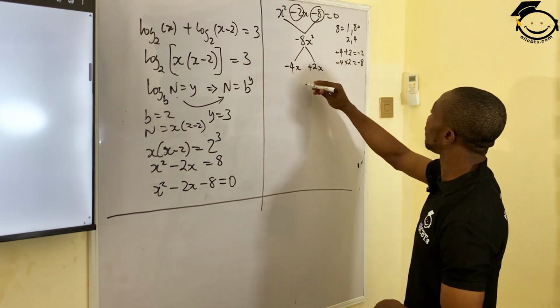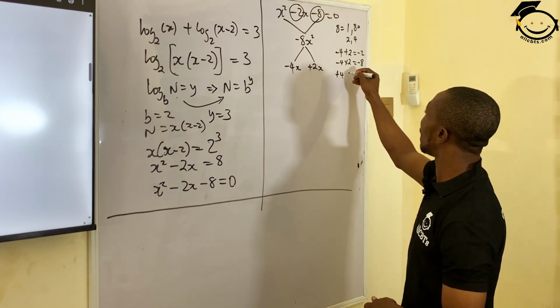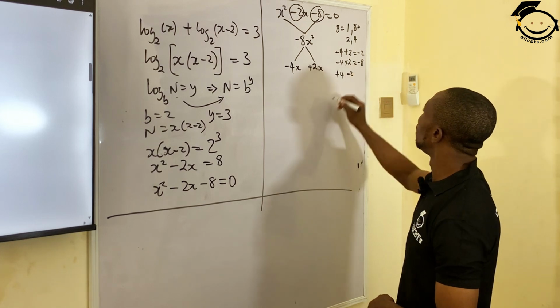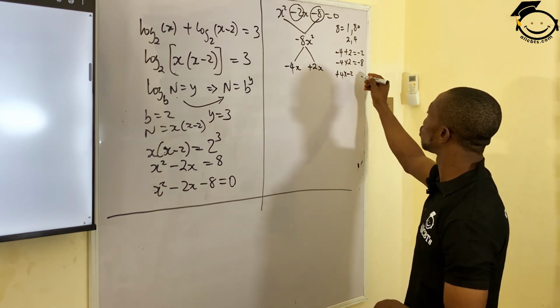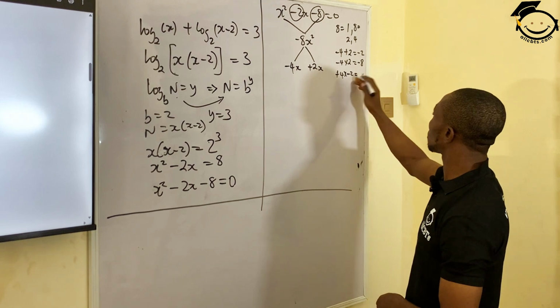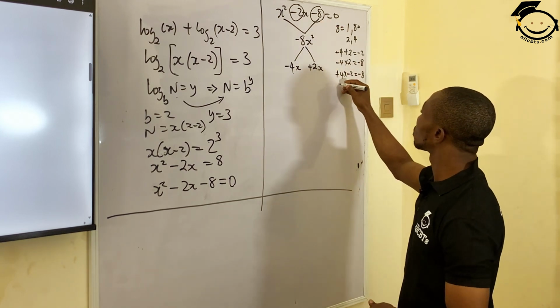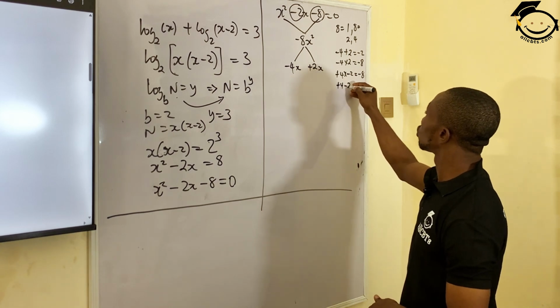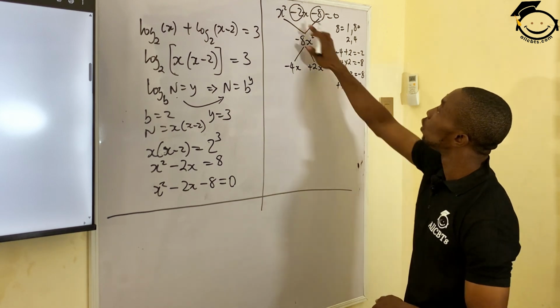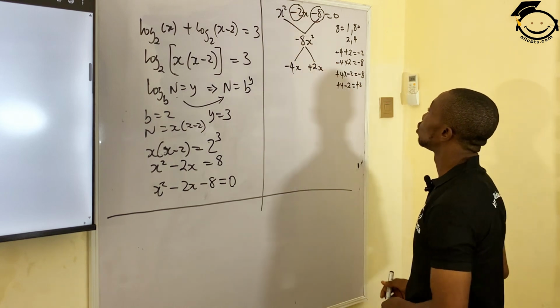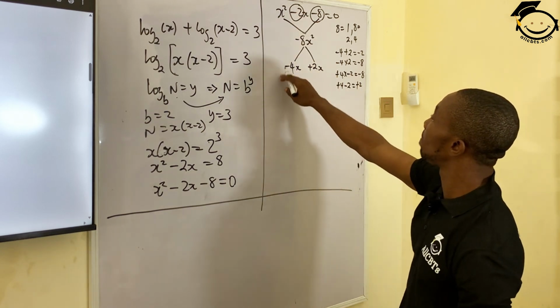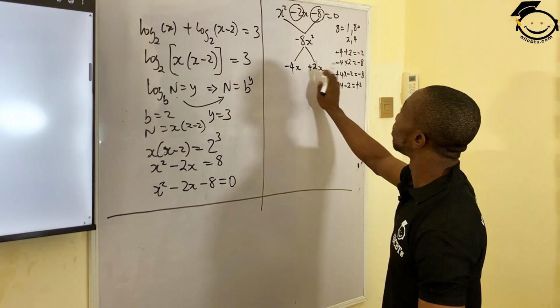Now, if we look at having the 4 as positive and the 2 as negative, plus 4 times minus 2 will give us a minus 8, which satisfies this, but plus 4 minus 2 will give us a positive 2, which fails in this. So our two factors will be minus 4 and plus 2.